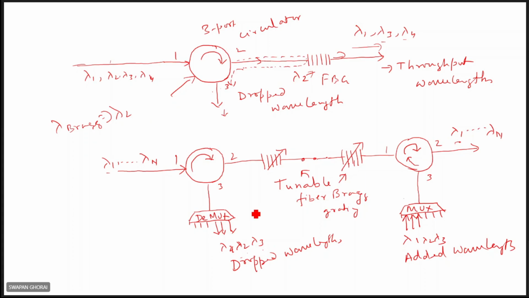So lambda 4, lambda 2, lambda 3 are being reflected, and they will come out through port 3. At the same time, you can see some of the wavelengths can be added here, but here there are no added wavelengths. Only drop wavelengths are there. Right.